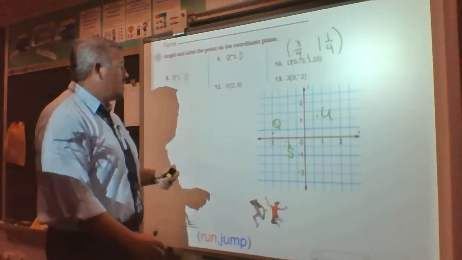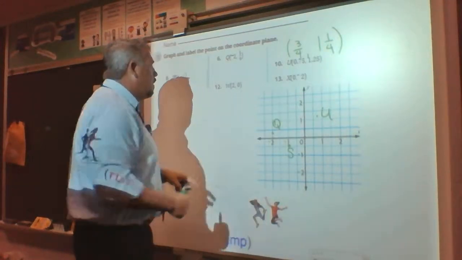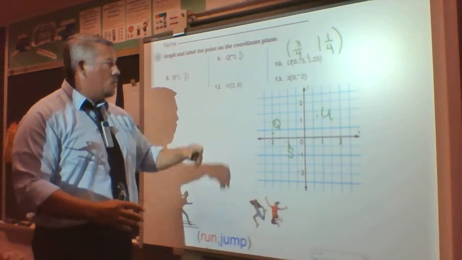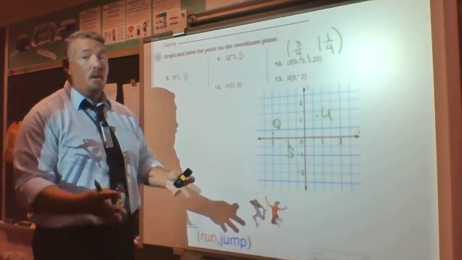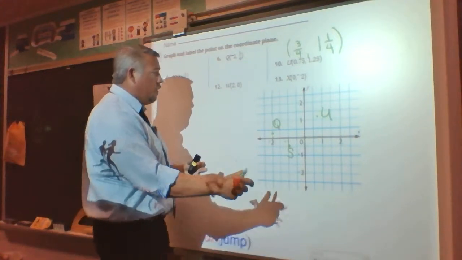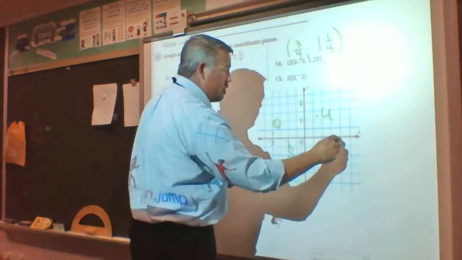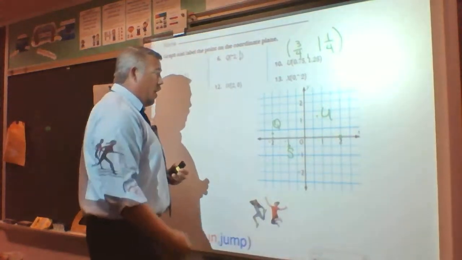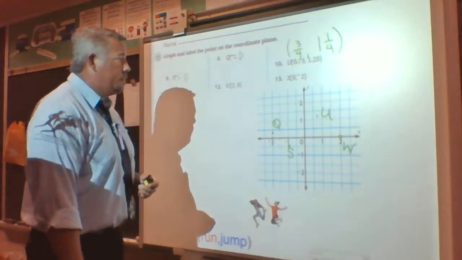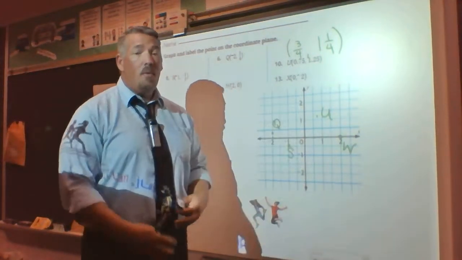Two more to do on this set. I have 12. Notice these look very similar, but on 12 for W it has 2 and 0. So once again I'm going to run, but I'm not going to jump. So I'm going to go forward 2 since it's a positive number. 1, 2, and then I stay there because the 0 tells me not to jump. I went forward 2, so I'm going to label it W. On 13, it tells me for X, I'm not going to run at all.